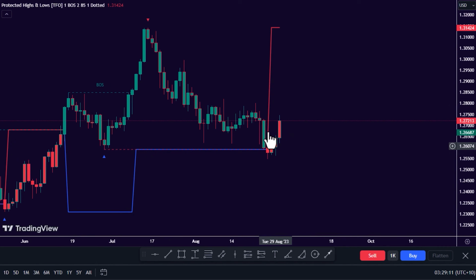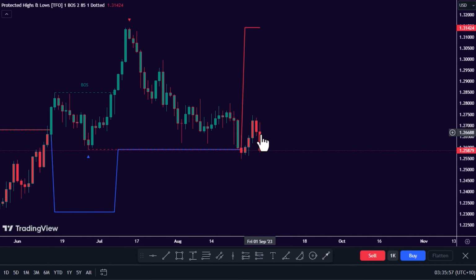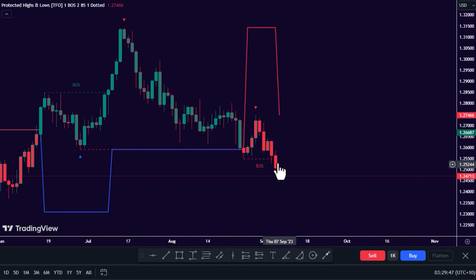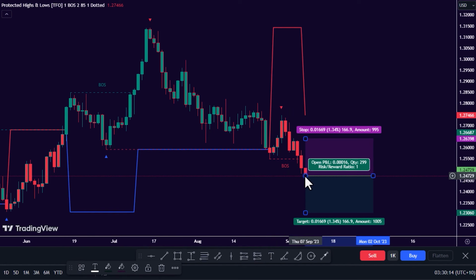Look for the price to trade into the red dotted line of the protected lows, BOS. Step 3. Confirm a surge in bearish volume to close below the red dotted line of the protected lows, BOS. Step 4. Wait for the show protected red arrow to pop up above the show protected trail red line. Step 5. Consider entering a short position with appropriate risk management.